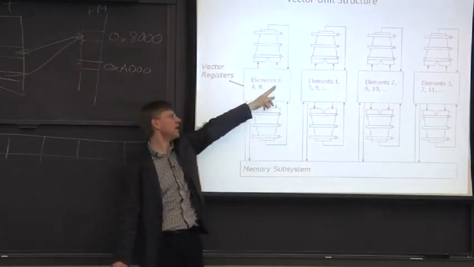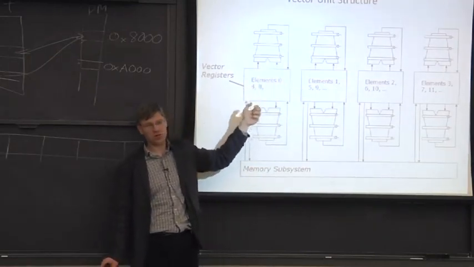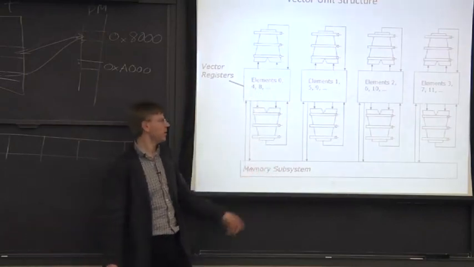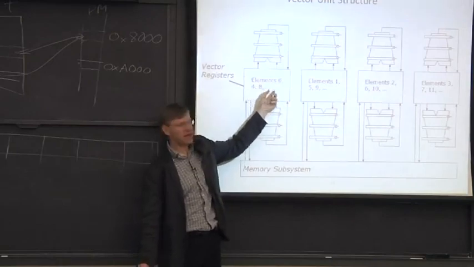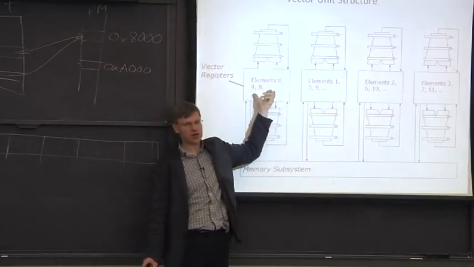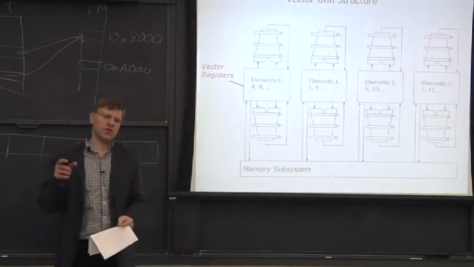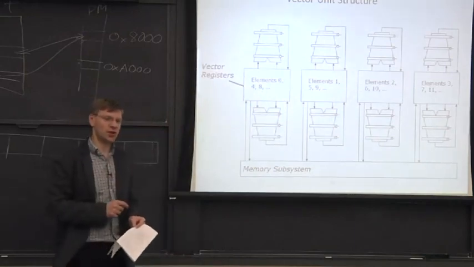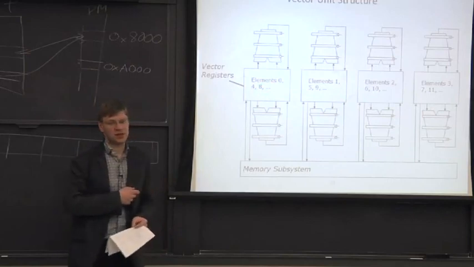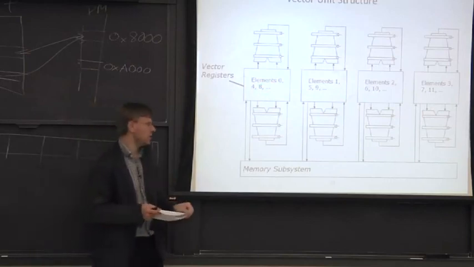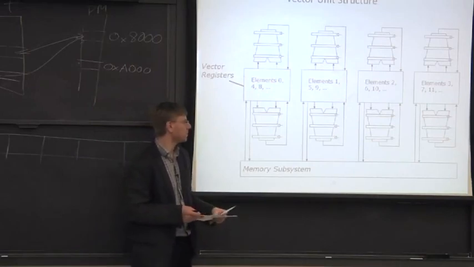So if you have 64 elements in your vector register, elements 0, 4, 8 of those can go here. So you're basically doing interleaving of the respective subportions of a vector register across these different lanes. So you can partition the register file is the key takeaway point here.